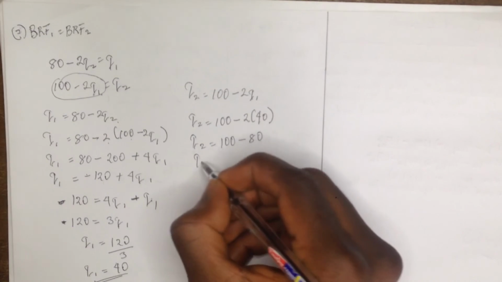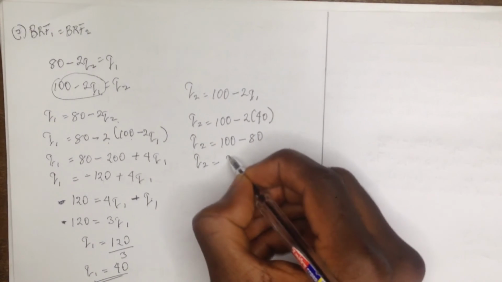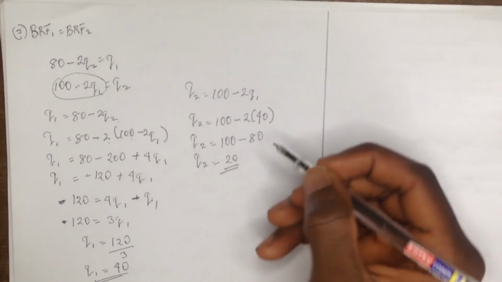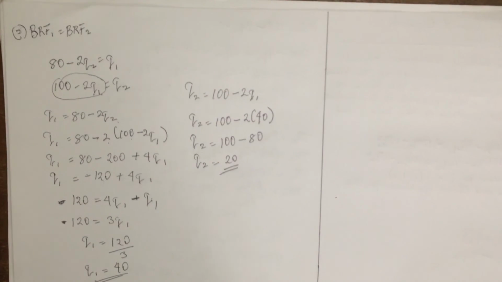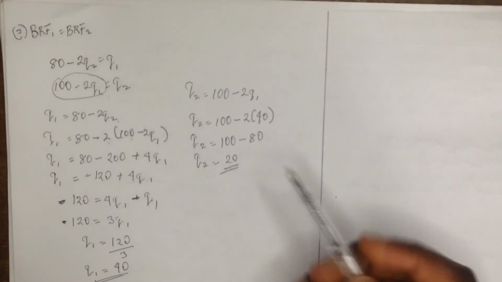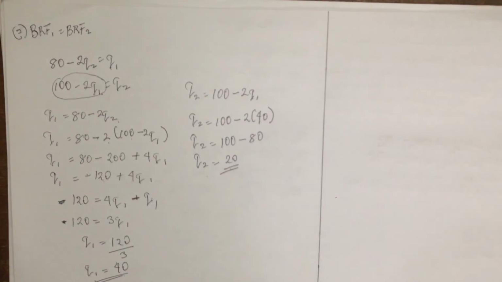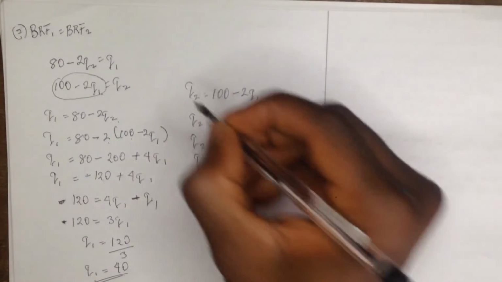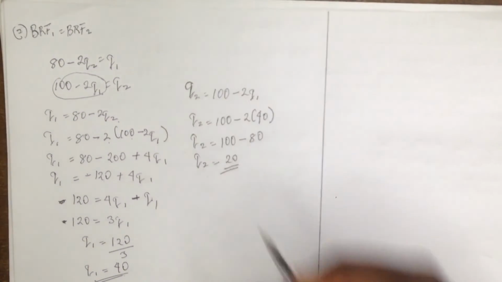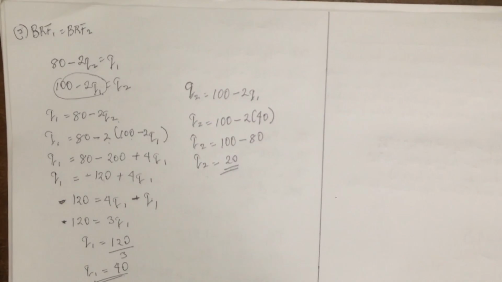So our Q1 is 40 and our Q2 is 20. We successfully found the reaction functions and the equilibrium condition for the Cournot model.